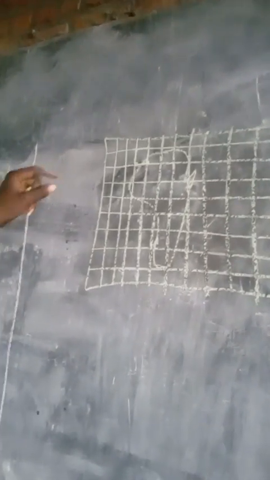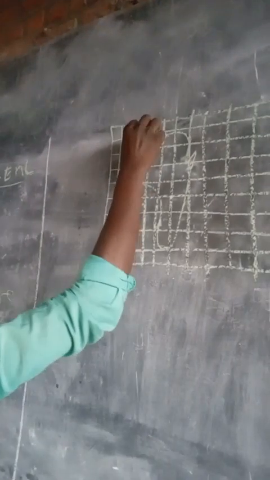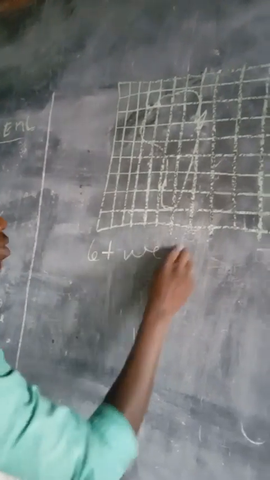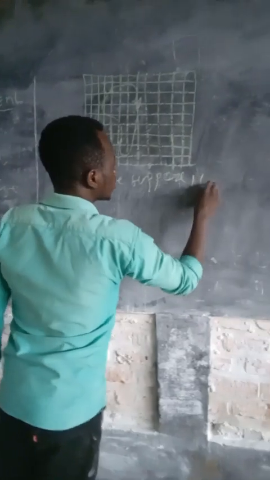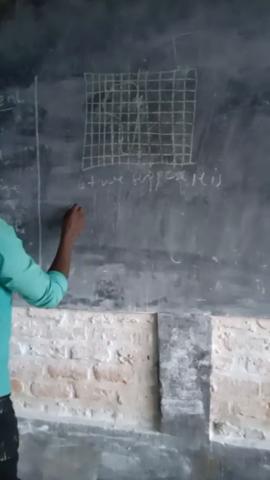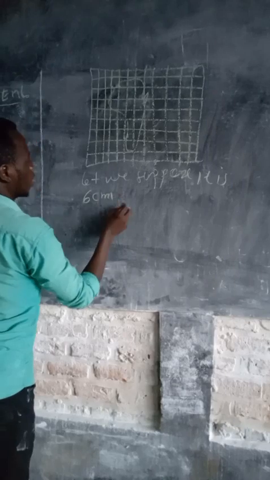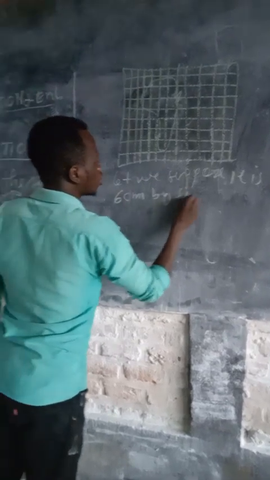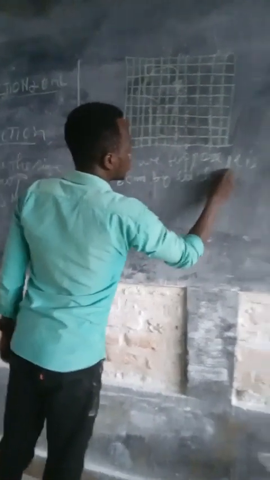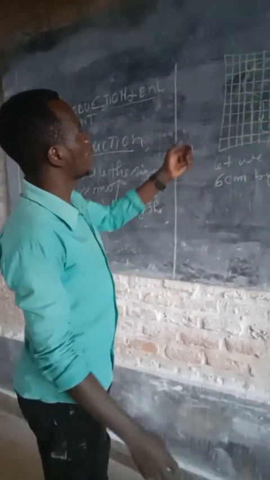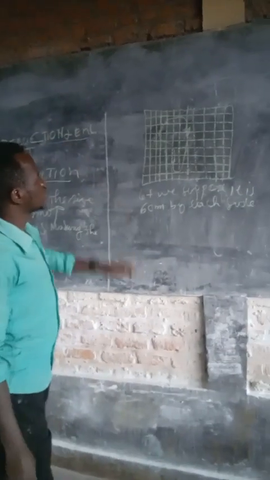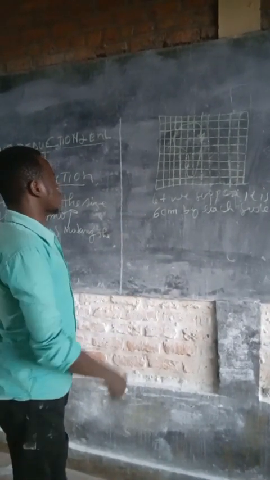We can use the ruler, then we measure the distance from here up to here. Let us suppose that it is 6 centimeters on each side. So then we want to reduce this map by 3.